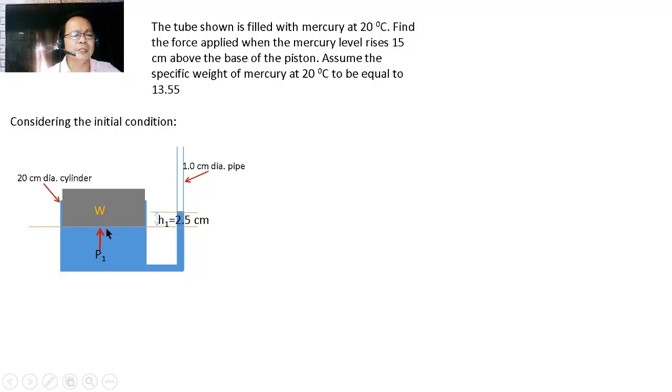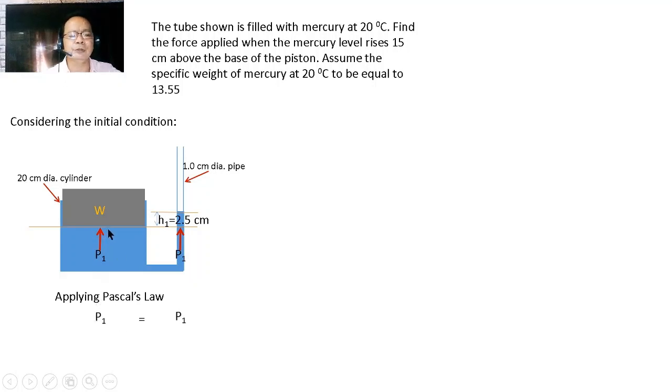Similarly, on the same level of the mercury at this point, we will expect that there will also be a pressure whose magnitude is equal to P sub 1. And if we apply the principle of Pascal's law, na alam natin na on the same horizontal level of the liquid, the pressure is the same. Hence, asahan natin na yung pressure dito ay equal sa pressure dito. Kaya kung i-apply natin yan, ipapakita natin yan, then the two pressures are equal.